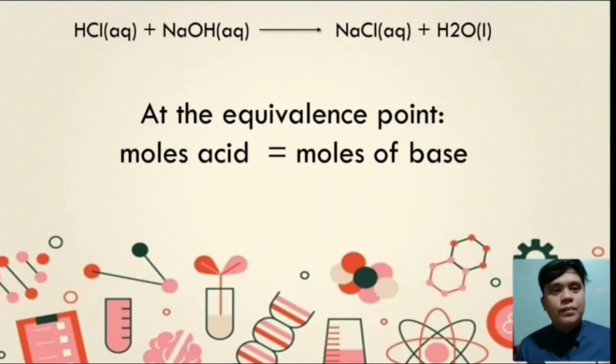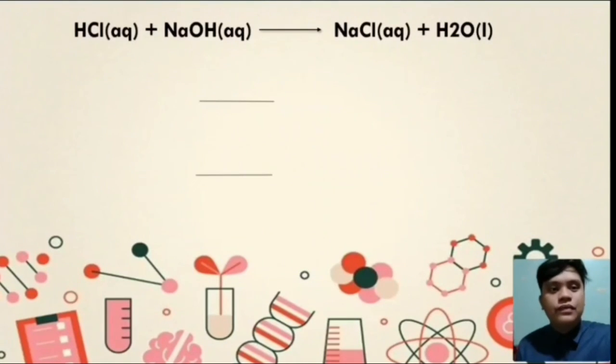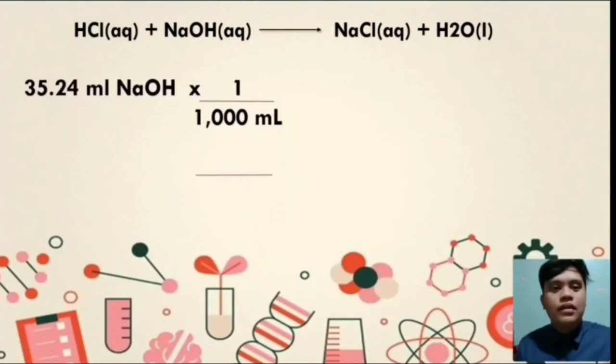We need to remember about the equivalence point, where the moles of acid equal the moles of base. So it's the point where all the acid has been neutralized by the base. Since we want to find out the moles of acid, let's find the moles of base. Let's take our volume of base.